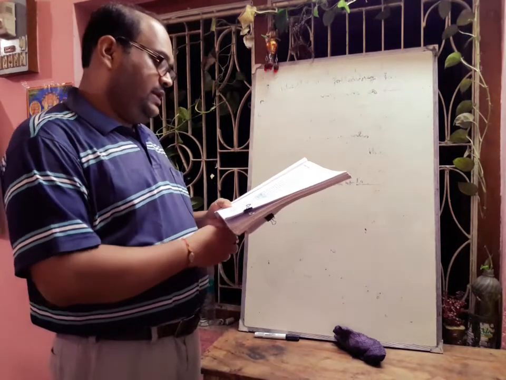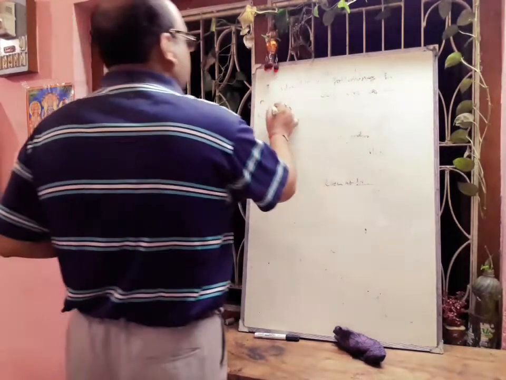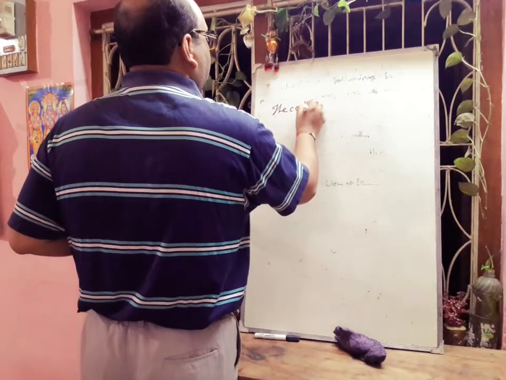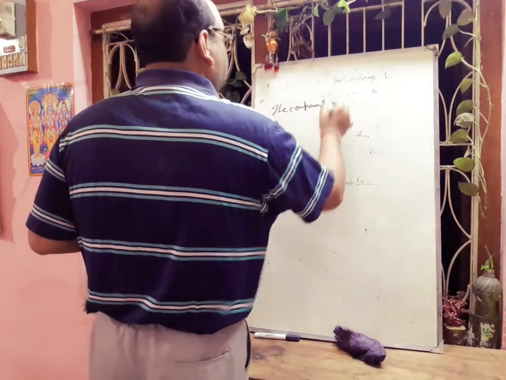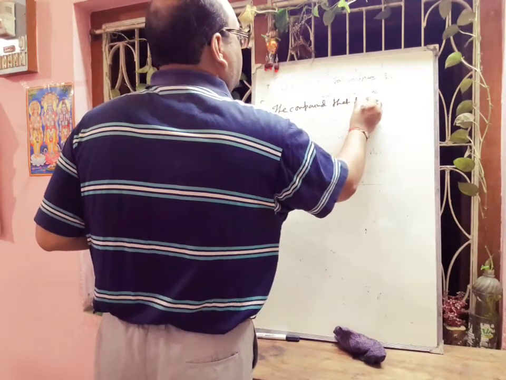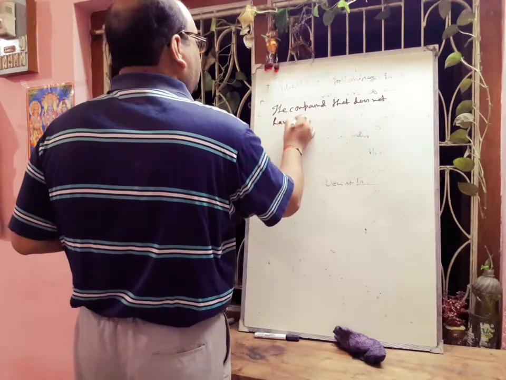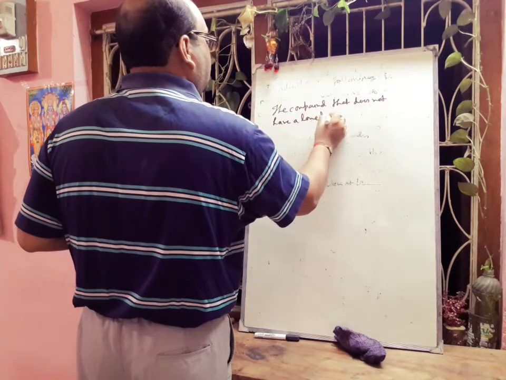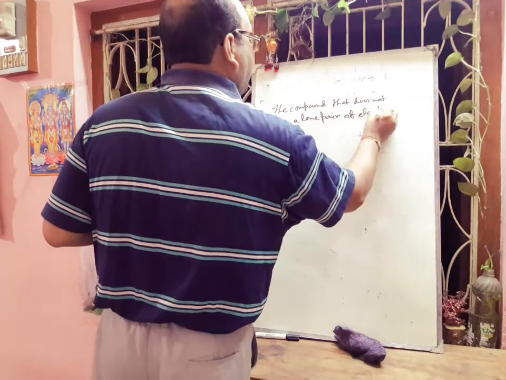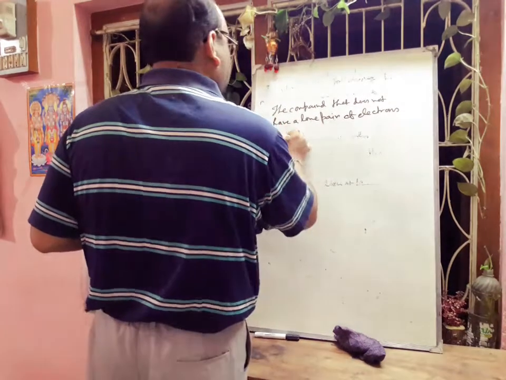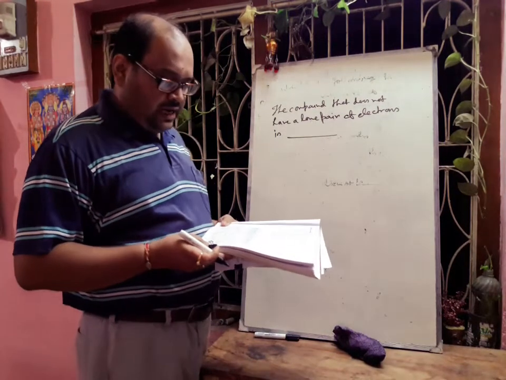Here the question is given: the compound that does not have a lone pair of electrons is dash. Options are given: water, ammonia and carbon tetrachloride.